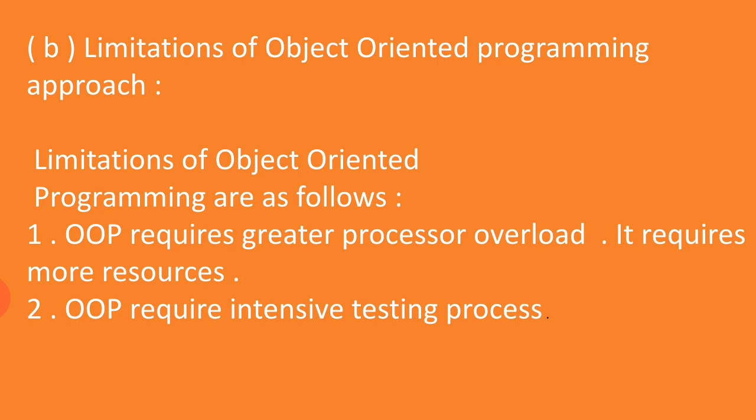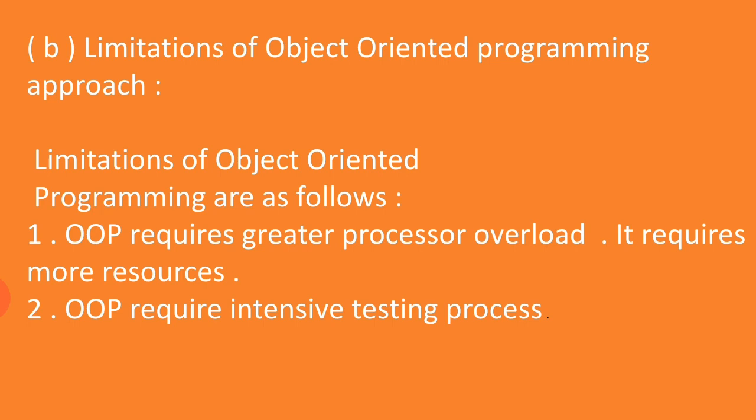What are the limitations? Limitations of object-oriented programming are as follows. First, object-oriented programming requires greater processor overload. It requires more resources, because in many places you will see that dynamic memory is required, right?